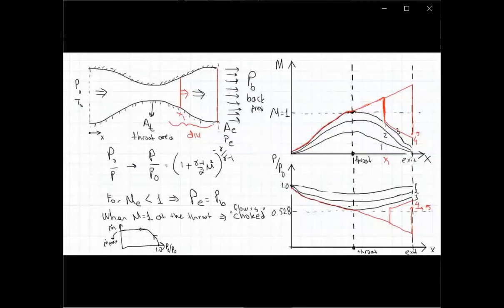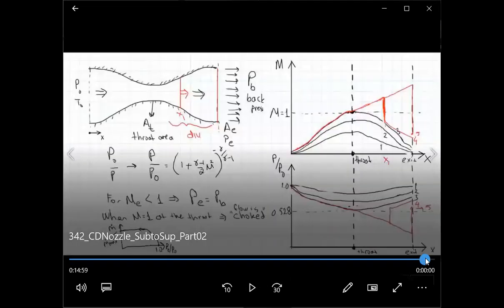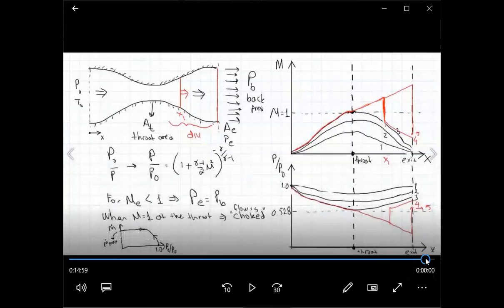So basically what we want to do is to get rid of this shock wave, and what we do is we keep reducing our back pressure even a little bit more to push this shock wave out of the way. Okay, in the last sentence, I misspoke: I should have said reducing the exit pressure.